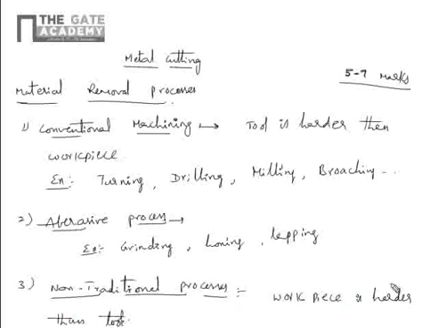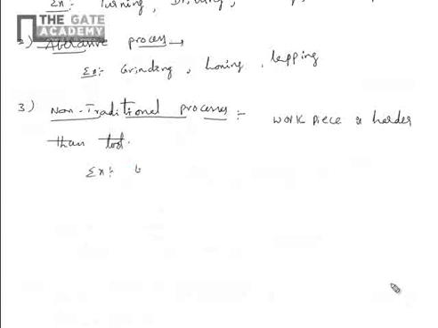So non-traditional machining is a special process where you produce micro holes and cut very hard materials. Examples: electrochemical machining, electron beam machining, electric discharge machining, EBM, EDM, ultrasonic machining. We will discuss in detail all these machining processes. This is just an introduction of the material removal process.